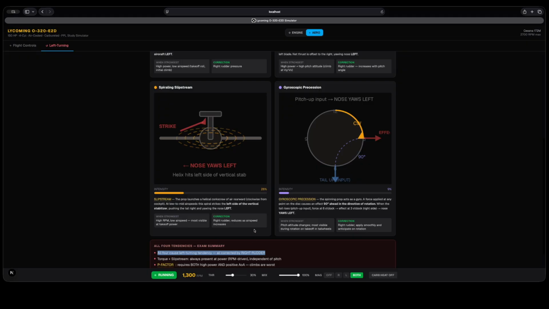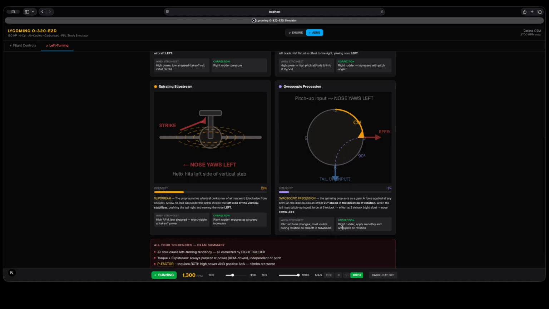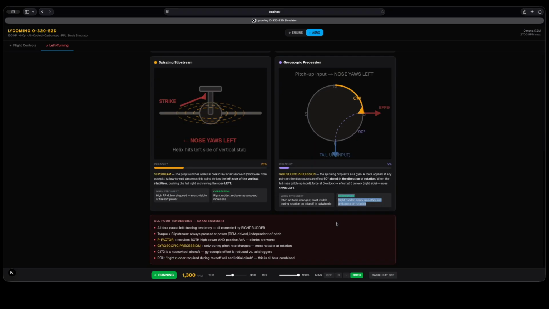And then gyroscopic precession, I think, is the more complicated sounding one, but it's just that the spinning propeller itself creates gyroscopic force that makes the aircraft want to rotate. And the nose yaws left, pretty straightforward. And just like the other ones, and like I said before, it's a right rudder correction.